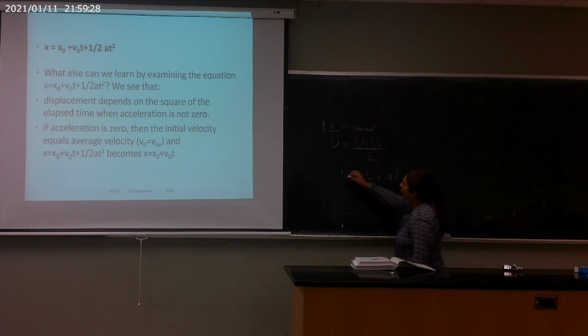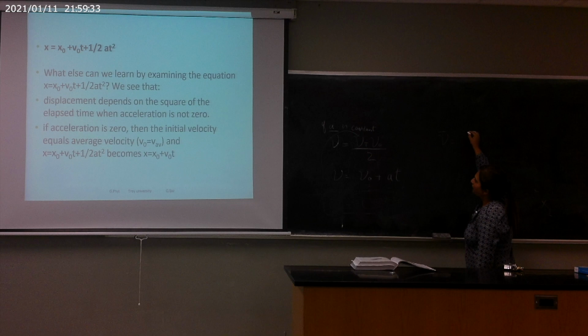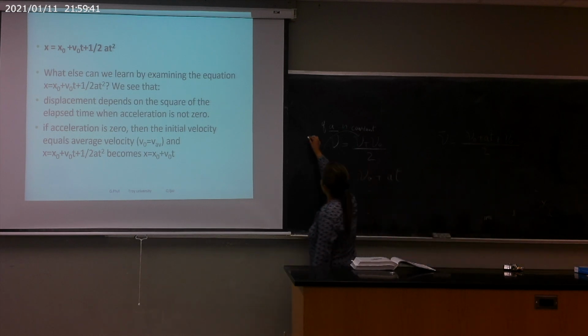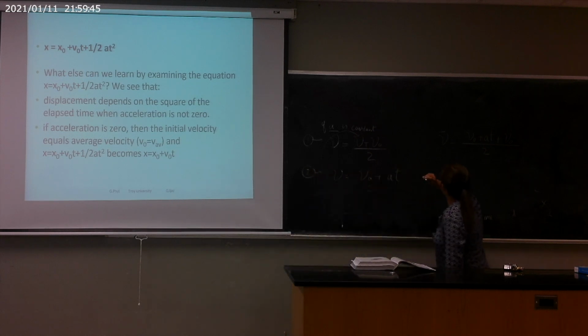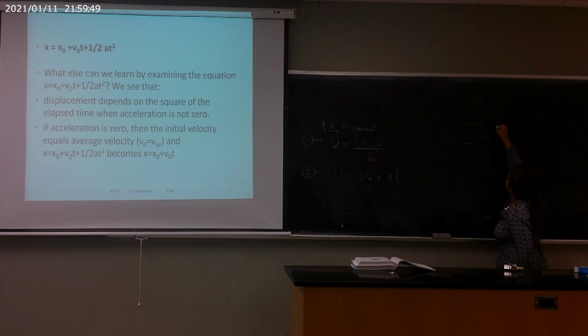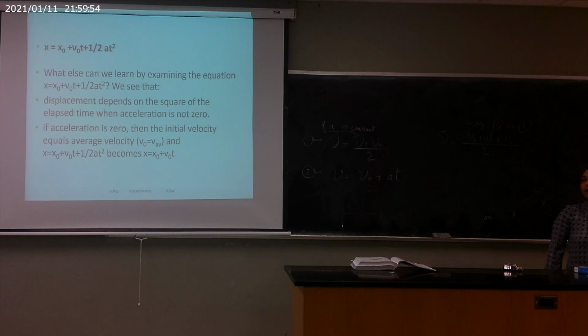By using this value in this equation, V average becomes V naught plus A T plus V naught, divided by 2. Let's call this equation 1, and this one 2. Using 2 in 1, you plug in V, replacing V by V naught plus AT.